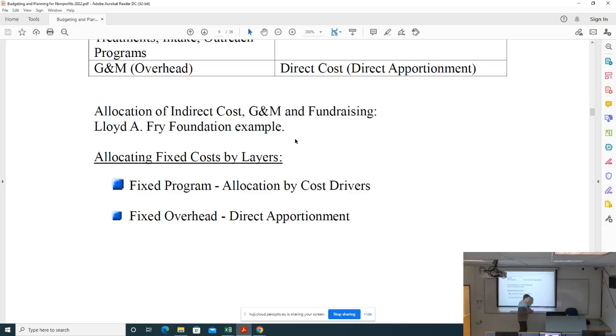Okay? Now, if you remember, we had three layers in our cost structure. The first layer that was already allocated using the economic map was the variable direct cost. These are program costs that are related to the program in a very clear way, because if we don't operate the program, we will not incur these costs.